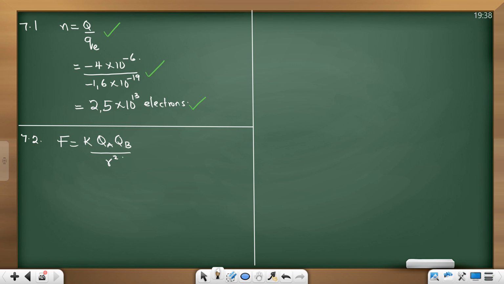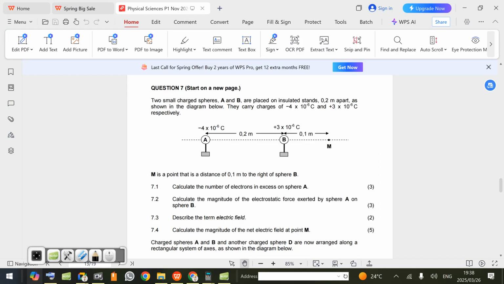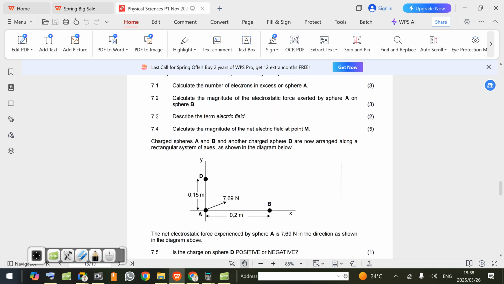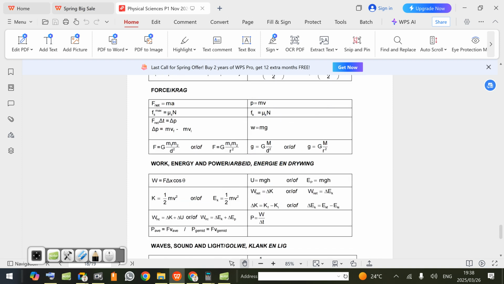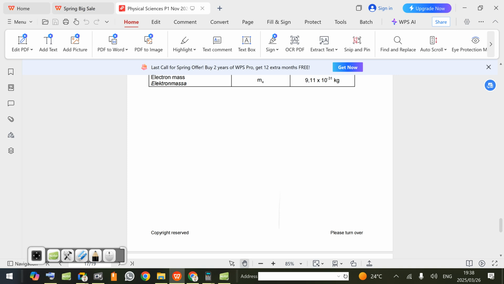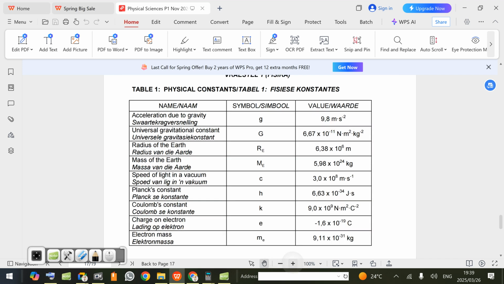Now somebody is saying, okay, what is my K? Now guys, the examiner says magnitude. Please listen to this part. I am no longer going to use my signs, but let's together fetch the value of K so that you also see where K is. You go to your formula page and look at the value of K. It's a constant there: 9 times 10 to the power 9.